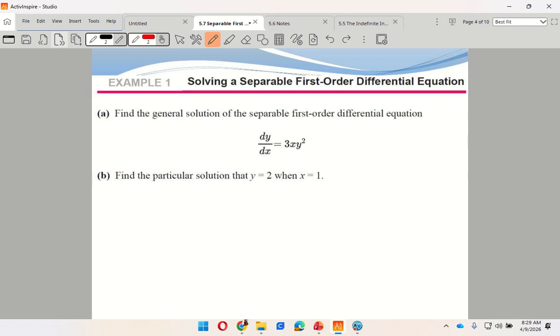So, like I said, we're going to separate it. So dy/dx is equal to 3xy squared. So to get my dx over to the right, what do I do? Multiply both sides by dx.